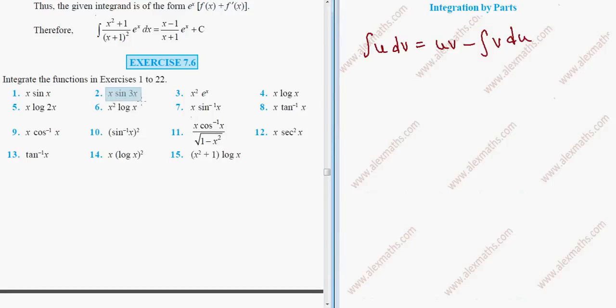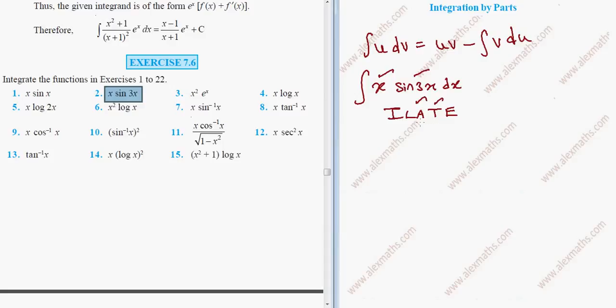I will take this one. So take the question, integral x sine 3x dx. Okay. Now write ILATE. I stands for inverse trig, L for log, A for algebraic, T for trigonometric, E for exponent. Here we have algebraic and trigonometric.